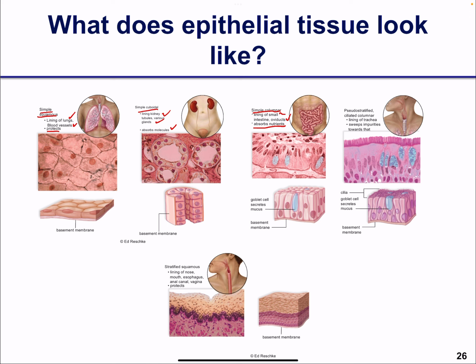Then we have the pseudostratified epithelium, and that pseudostratified epithelium, typically it is ciliated, so it has cilia, right? That pseudostratified epithelium is also oftentimes columnar. Where do we find it? We find it lining the trachea or the windpipe, right here.